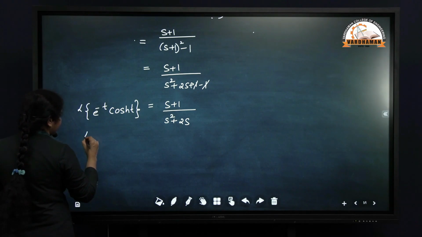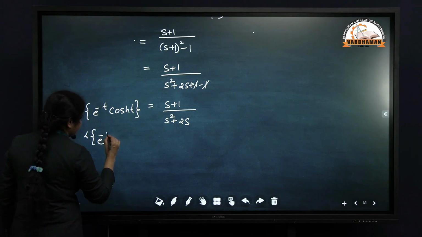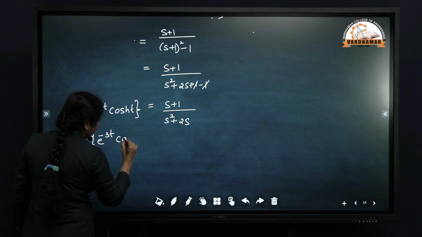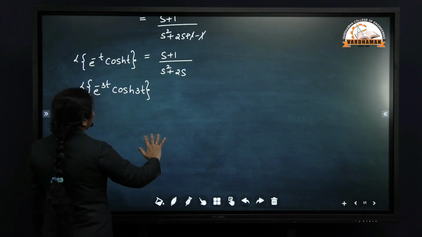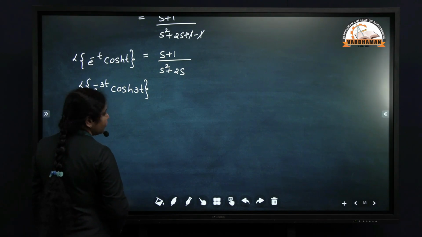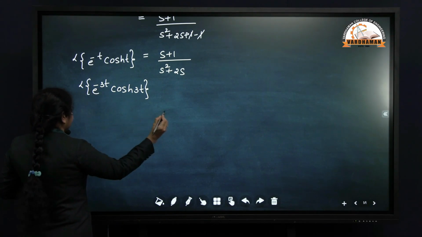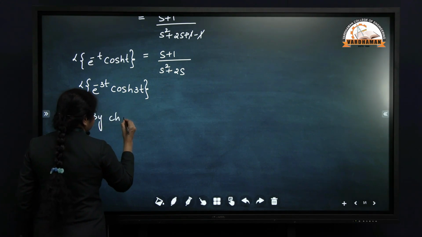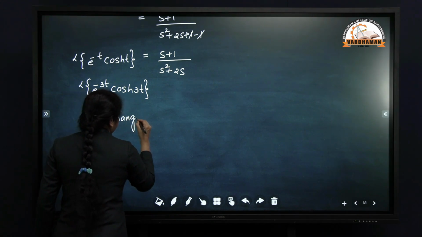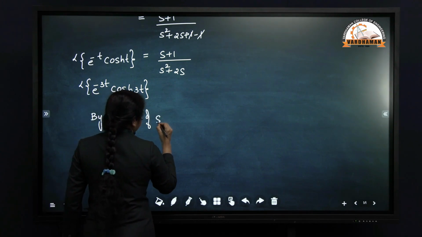But we need to find the Laplace transform of e power minus 3t cosh 3t. So now we need to apply the change of scale property.